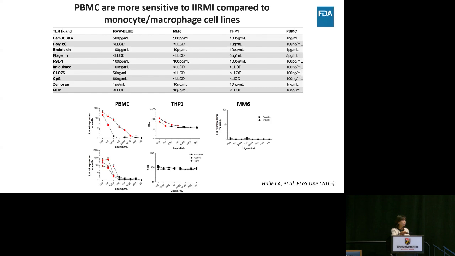So if you're using these cell lines for an oligonucleotide assay, you cannot capture the oligonucleotide-related impurities. So those are not very appropriate to use in an RMI assay for oligonucleotide therapeutics.